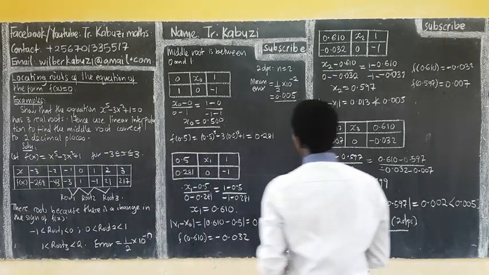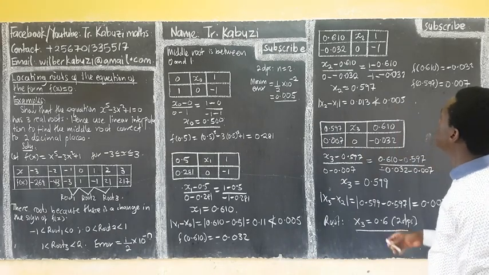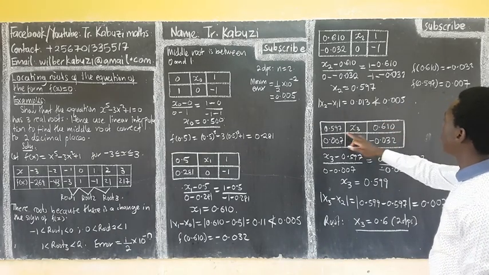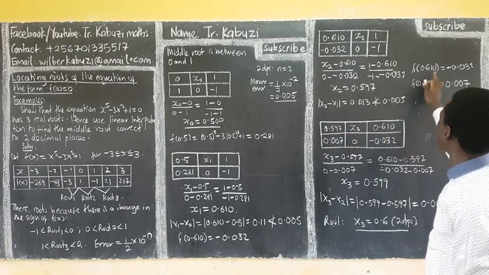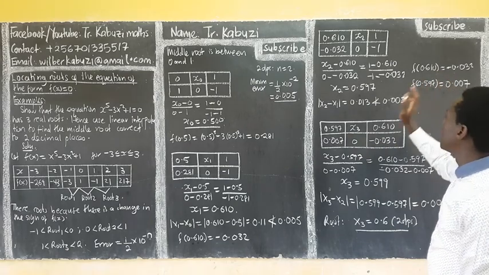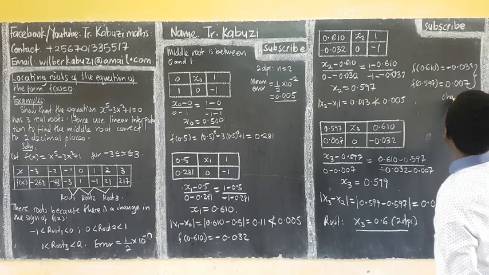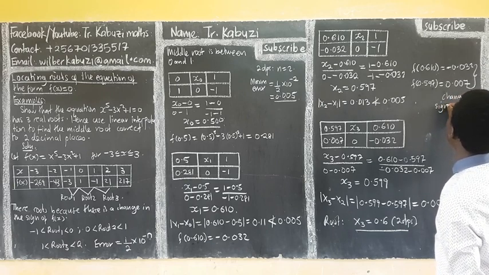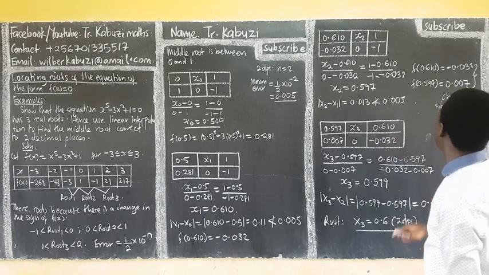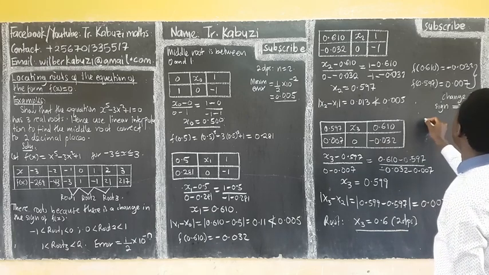So the idea, I'm still using the same idea here. Now I move on to this and this because of this idea here. So here this shows a change in sign, implying that the root is between 0.597 and 0.610.